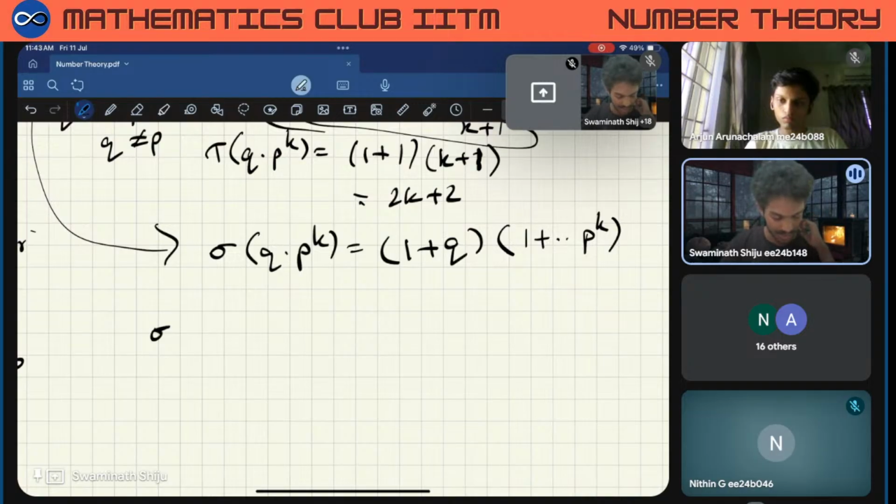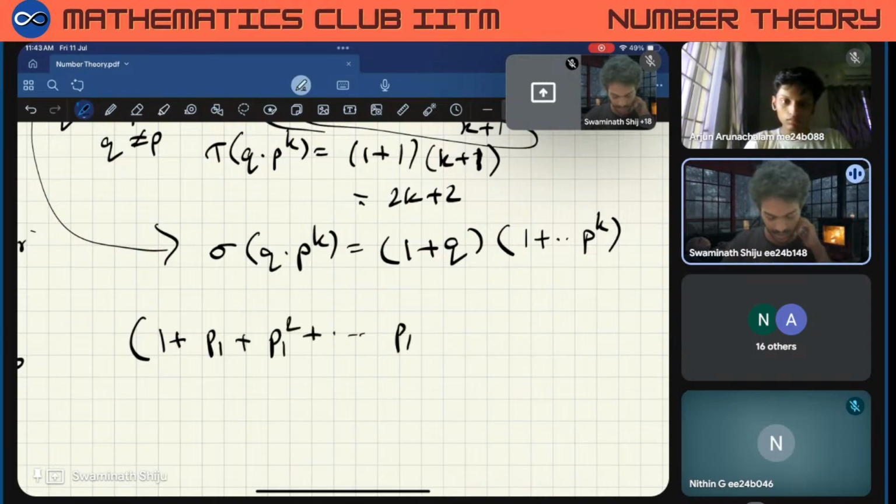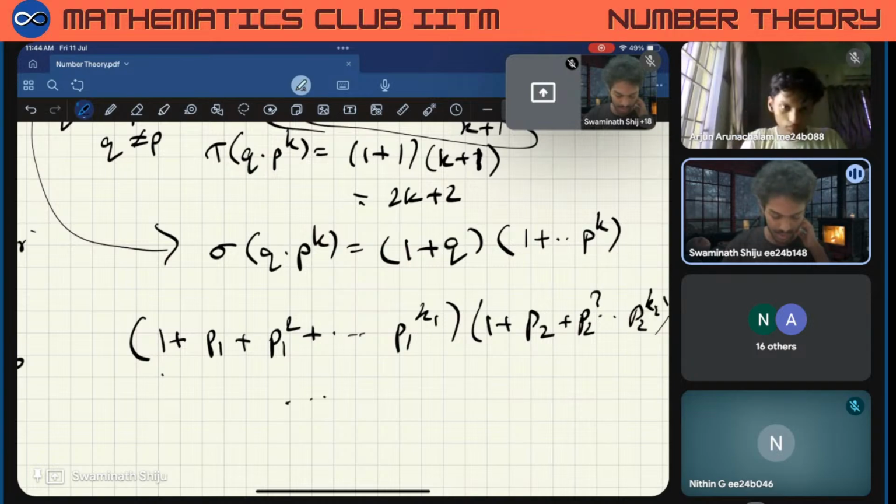Let's just look at this summation. (p1 plus p1 square until p1 power k1), then we multiply that with (1 plus p2 plus p2 square until p2 power k2), so on, (1 plus pr up to pr power kr).